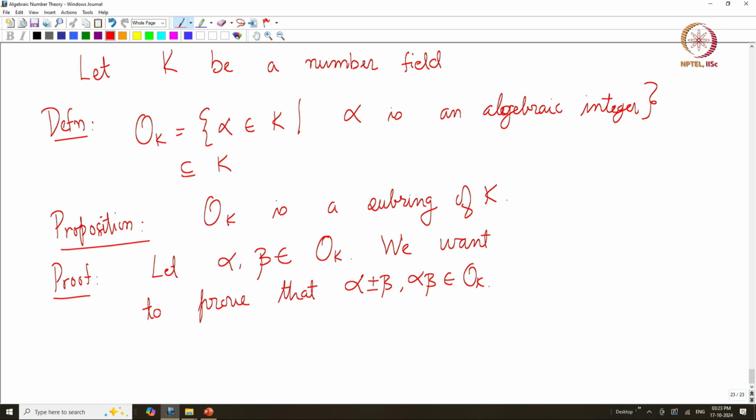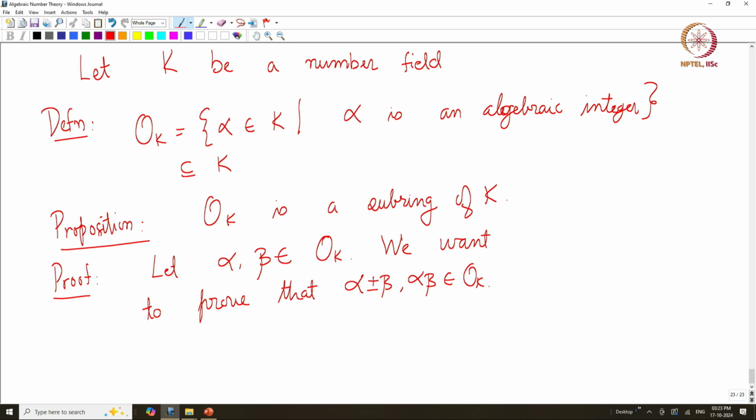To show something is a subring, you have to show that 0 is contained in that ring, 1 is contained in that ring, and if you take any two elements of that ring, then it is closed under addition, taking additive inverses and under multiplication. So, it is clear that 0 and 1 are algebraic integers. So, they are in O_K.